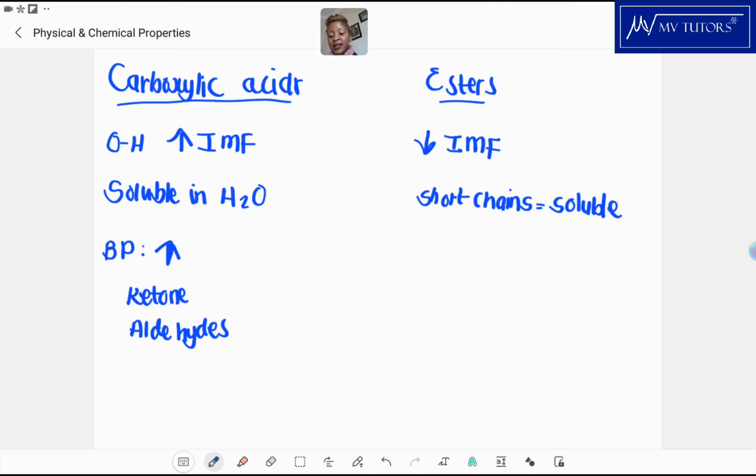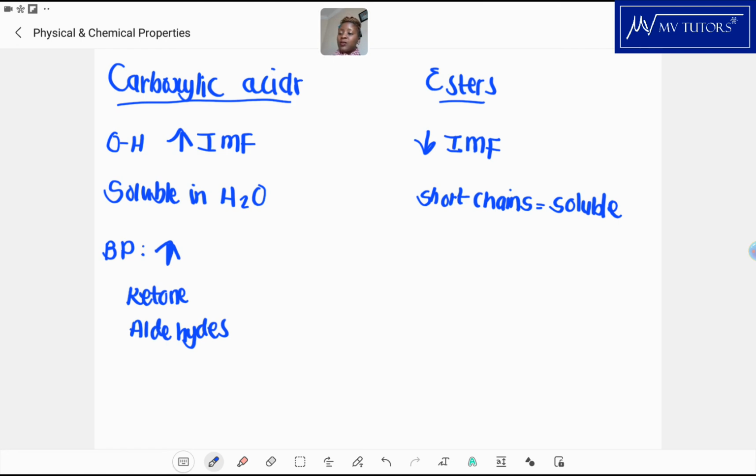With esters, on the other hand, the boiling points are lower than the carboxylic acid, but you also do get similar boiling points to your aldehydes and ketones. Okay, but it is lower. Okay, so yeah, the boiling point is lower than the alcohols and carboxylic acids.